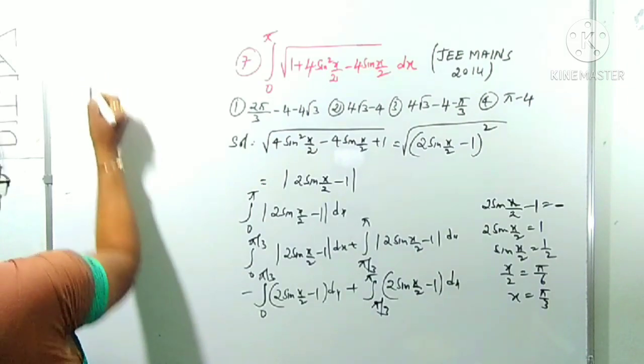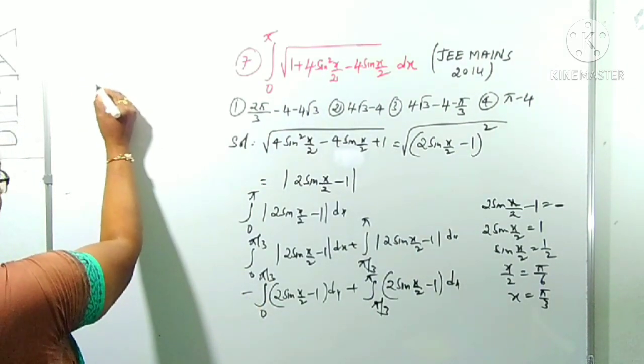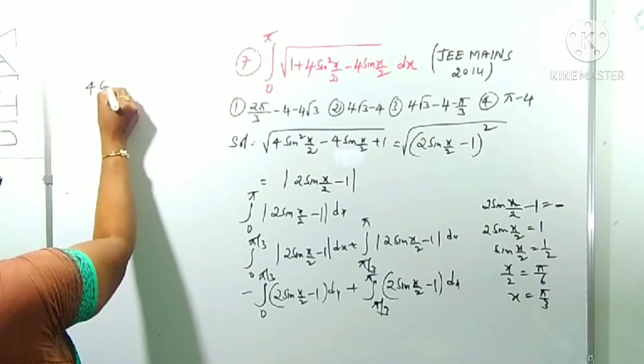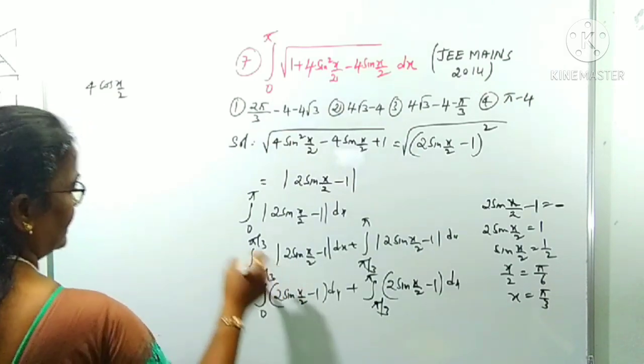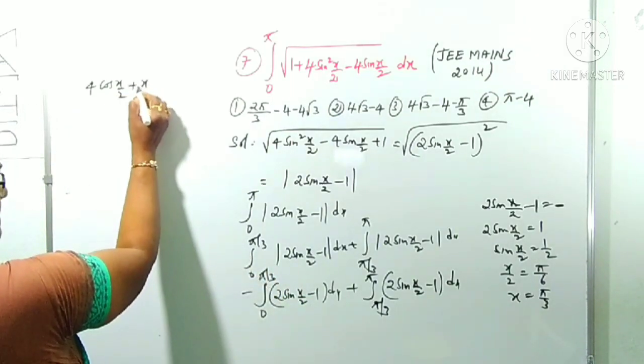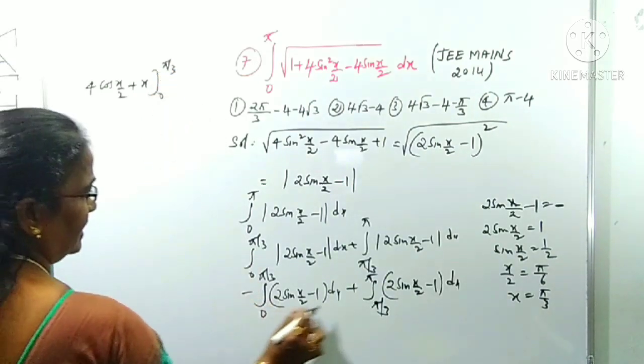That is minus, or minus plus will come. 1 by 1/2 is 2, times 2 is 4. So 4 cos x/2, with minus or minus plus x. In the integral, 1 is x or not? Now the limits are 0 to pi by 3 for this integral.